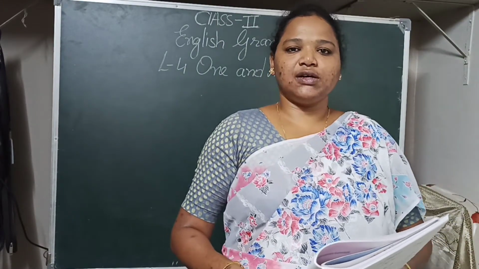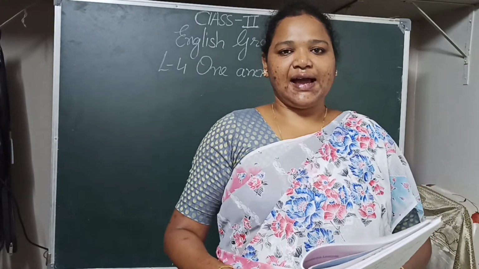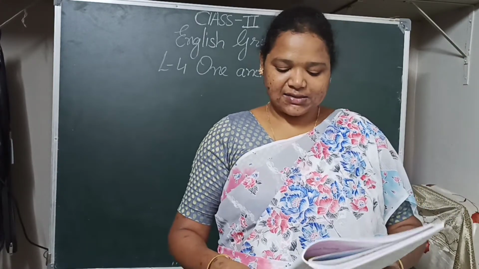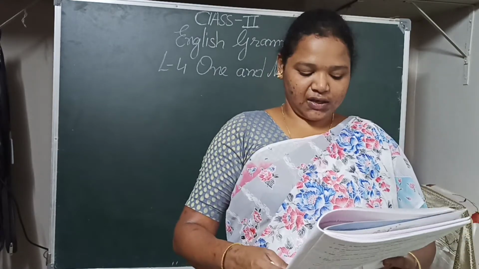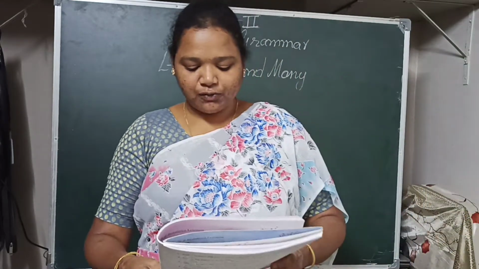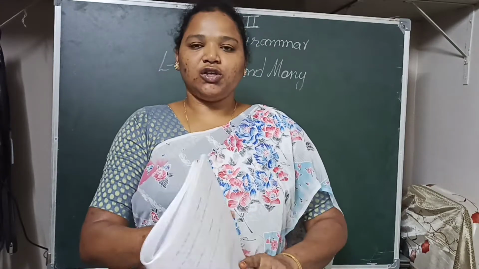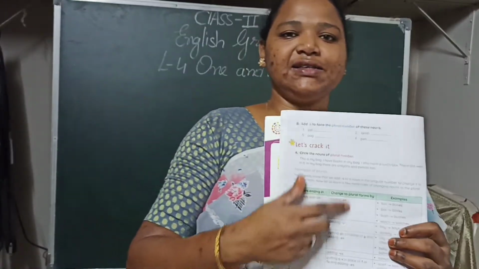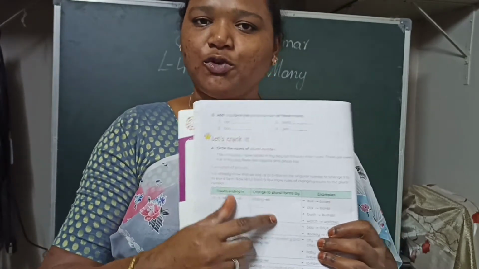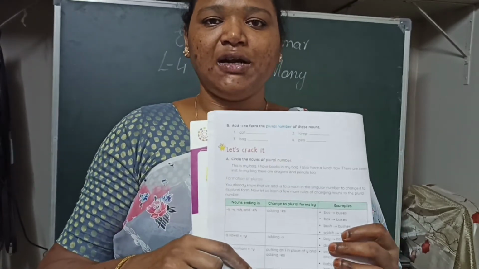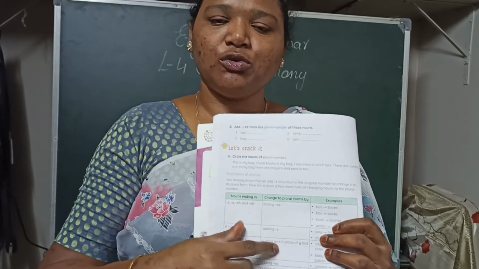So we remove f and we add v and es. Like knives and wives. Okay. So add es to the plural forms of these nouns. You have to learn this table by heart, properly. I have made you understand, but to know it properly you have to go through it.